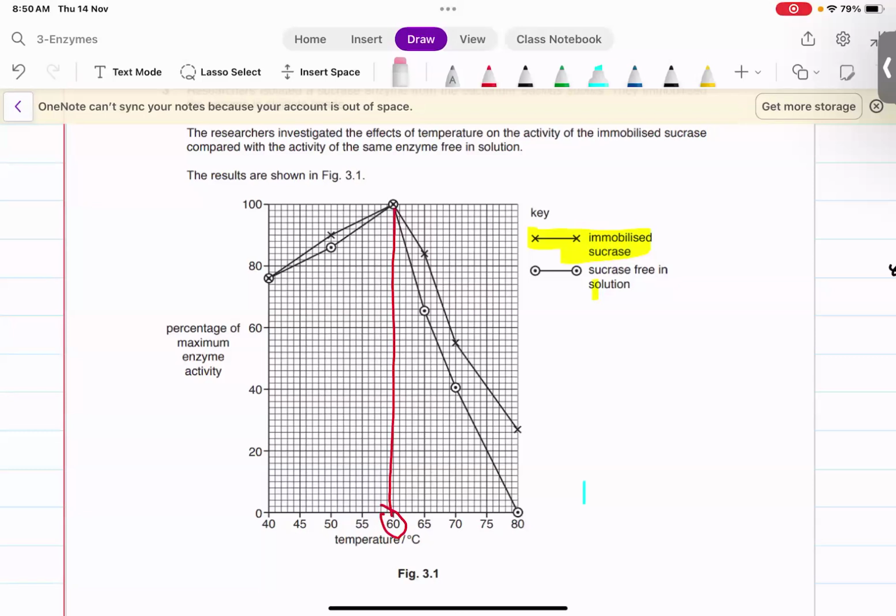So at 60 degrees Celsius, it is the maximum percentage enzyme activity.